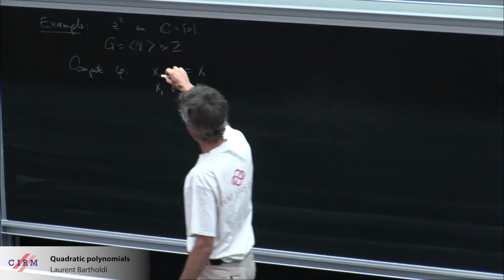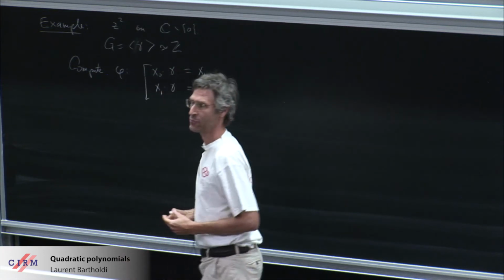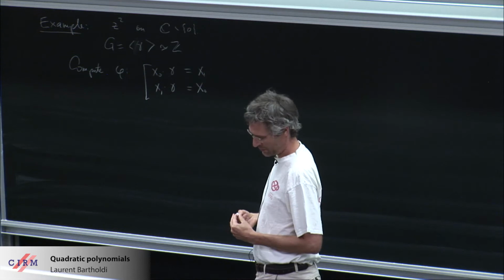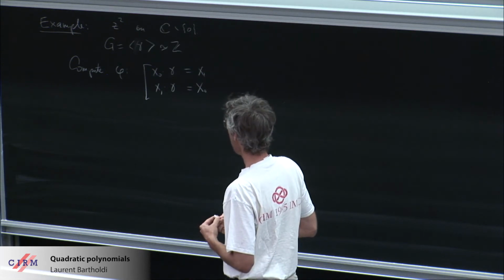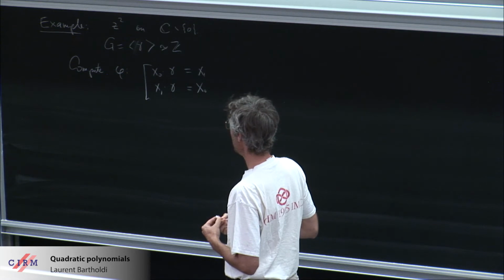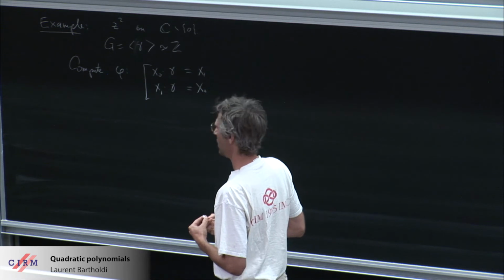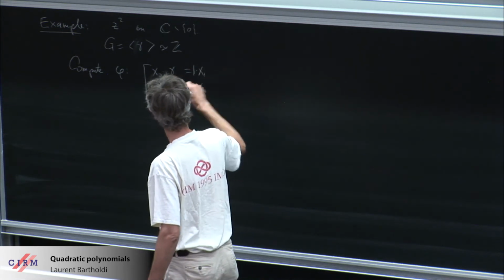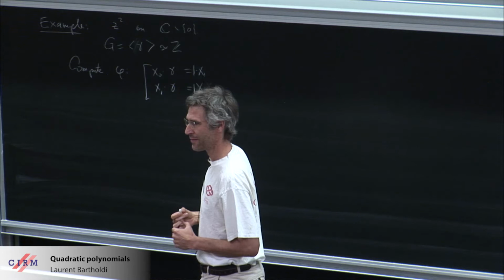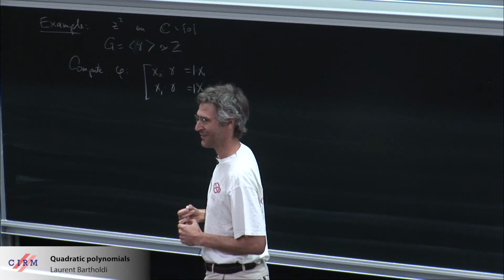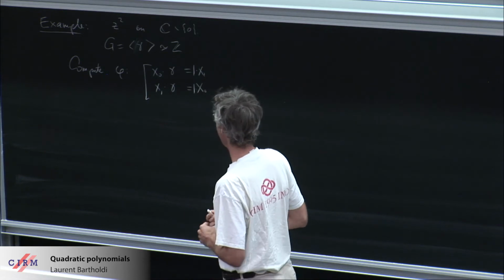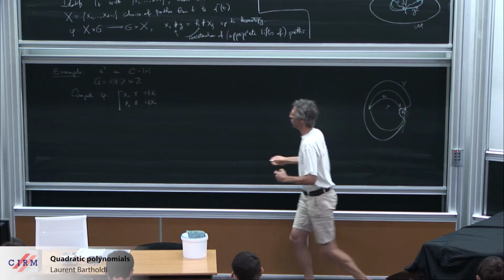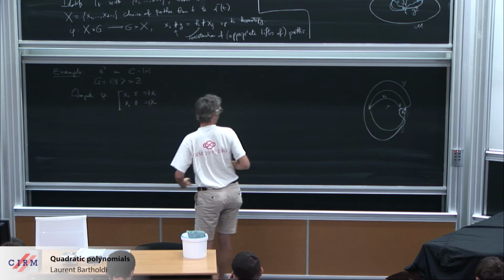Okay, so this is the algebraic description of the map Z squared. You have a map to G cross X. Oh, no, it's not.